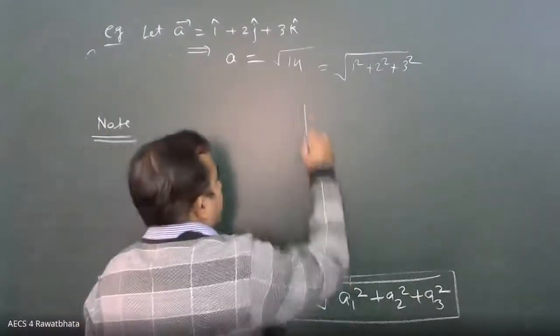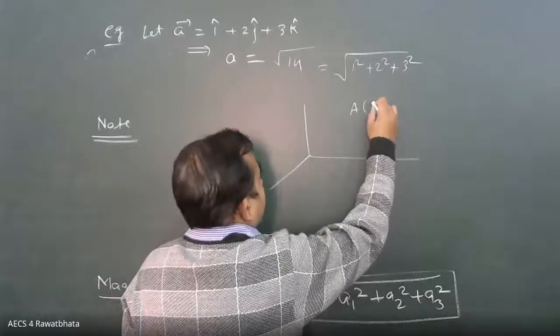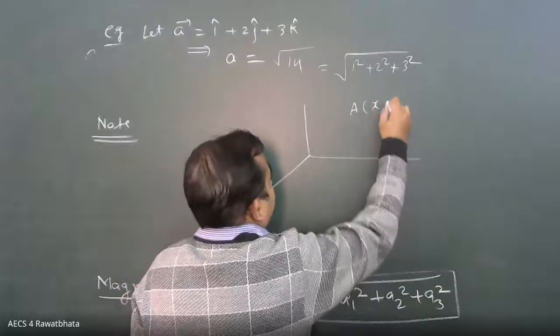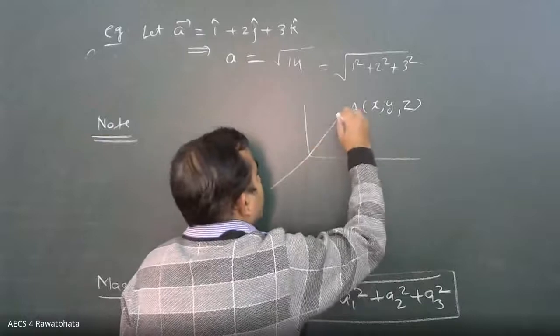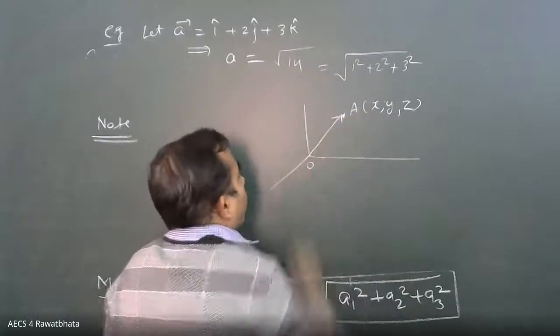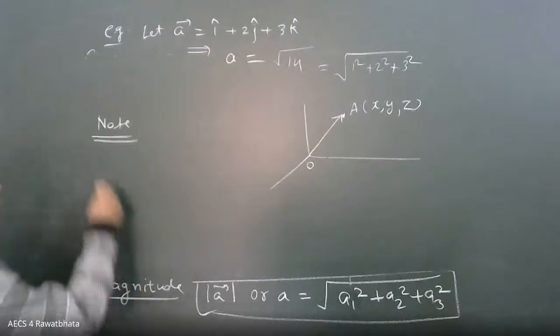One more very small thing to understand. Suppose there is a point, capital A, and its coordinates are x, y, and z. Suppose this is a point, and you want to write the OA vector. Then you know there is a name for the OA vector.